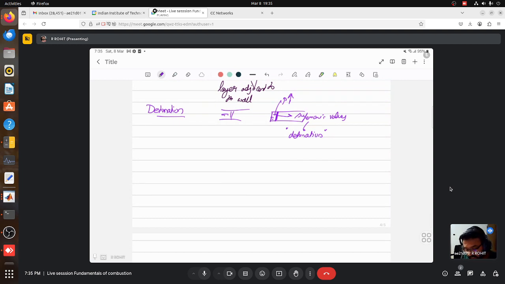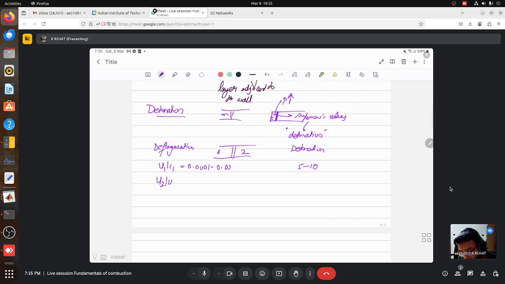Now some basic differences that were introduced to you regarding deflagration and detonation were like, for deflagration, say if you had a duct and this is your flame, so you have your unburnt condition here and burnt conditions here. So for deflagration, you saw that the Mach number U1 by C1 was close to 0.001 to 0.03, whereas for detonation this was of the range 5 to 10, so that's what we mentioned.